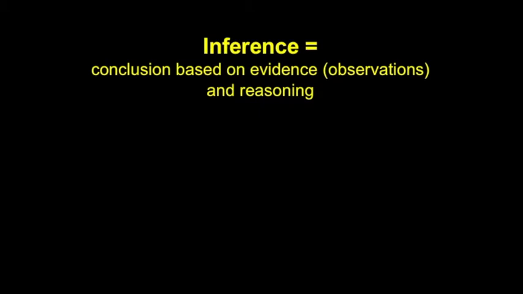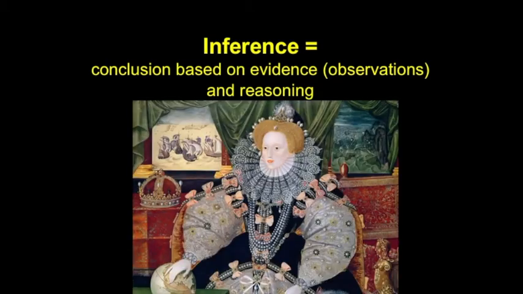In the same way, historians analyze observations or evidence that we compile in order to make inferences about the past. What conclusions can we draw, for example, about this portrait of a woman with red hair, dressed in rich fabrics encrusted in pearls, with her hand on top of a globe, and battleships warring in the seas outside her window?